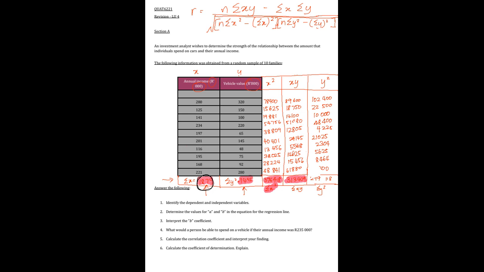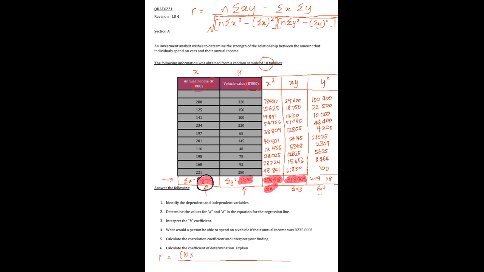I'm going to write it out at the bottom of the screen because I don't have much space at the top. So here you have r being calculated as, and let's start plugging in the values. So it's n, which is 10. Remember, it's because you had a sample of 10. So it's 10 multiplied by the sum of xy, which is here.